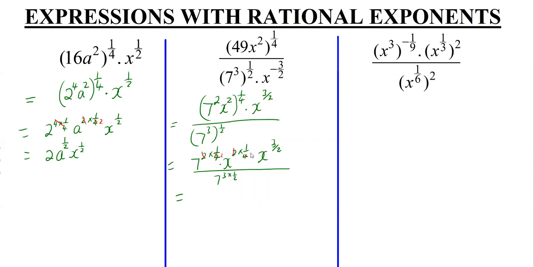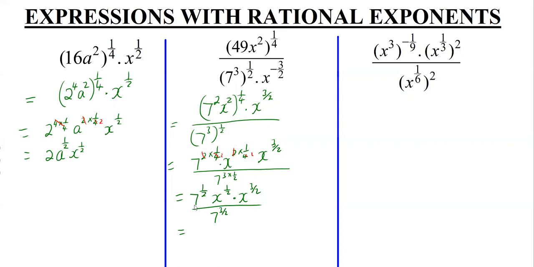This also will cancel and give us 2. And now what we are going to be having is 7 to the power 1 over 2, x 1 over 2, and again here x 3 over 2, we're multiplying there, remember. Then here 7, 3 over 2.